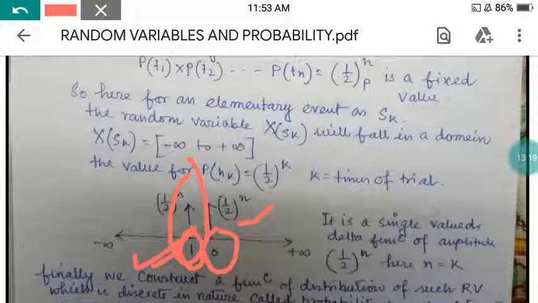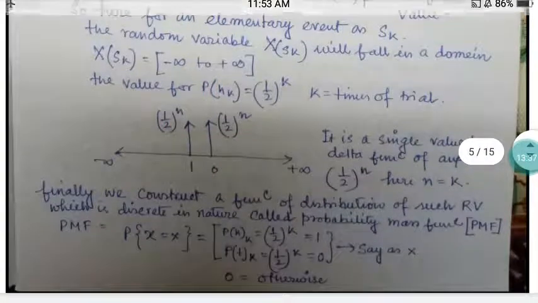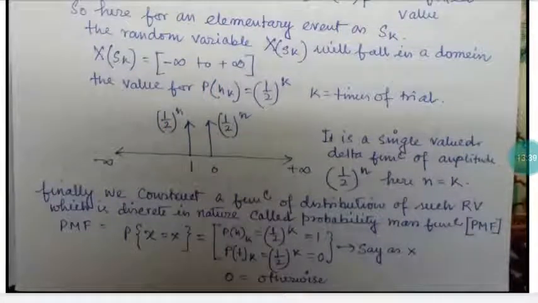So it is a single-valued delta function with an amplitude of (1/2)^n. Here n equals k. Finally, we can say that we construct a distribution function of such random variables which is discrete in nature, and it is called the probability mass function.